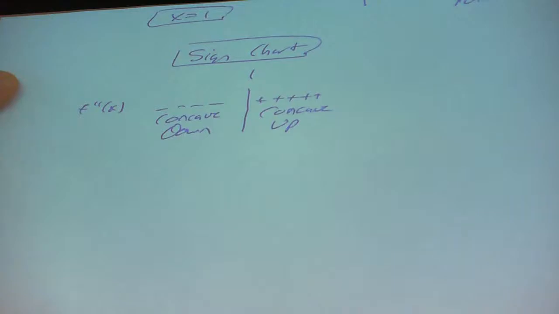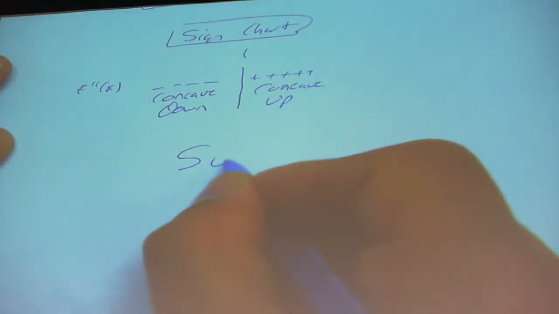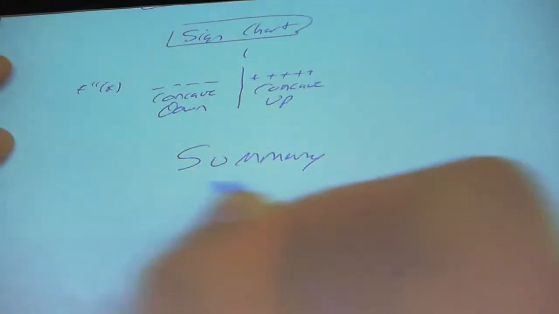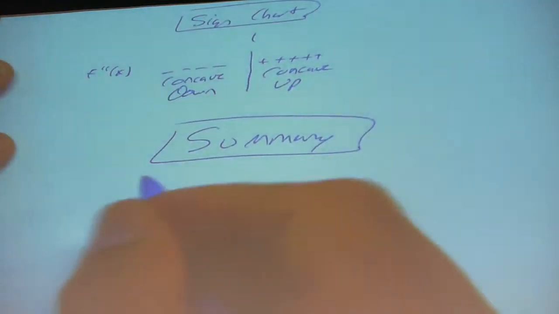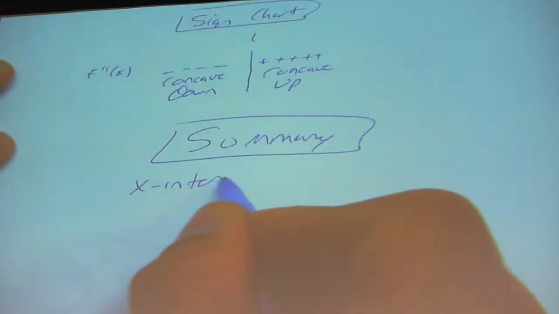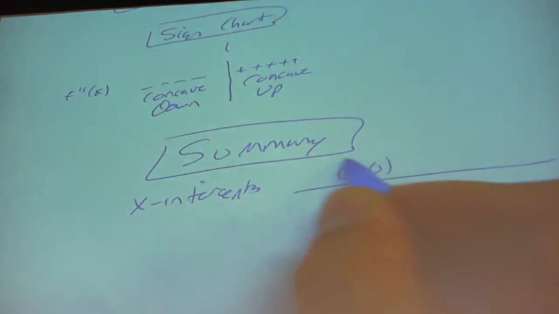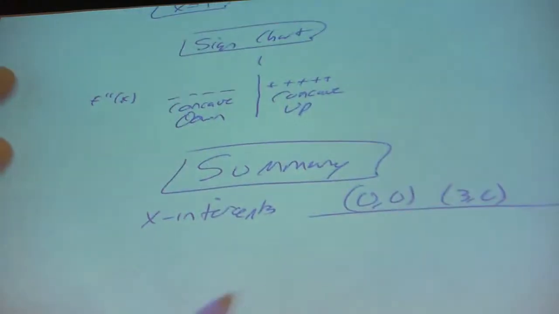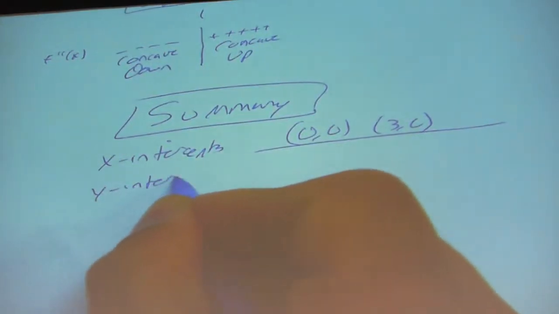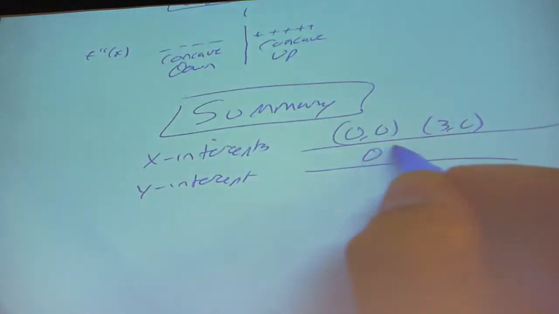So that's 4.2. In summary, what did we find when we analyzed the graph? We found that we have 2 x-intercepts at (0, 0) and (3, 0). We found that we have a y-intercept at (0, 0).